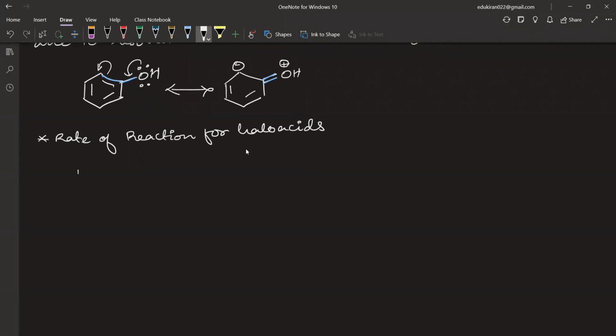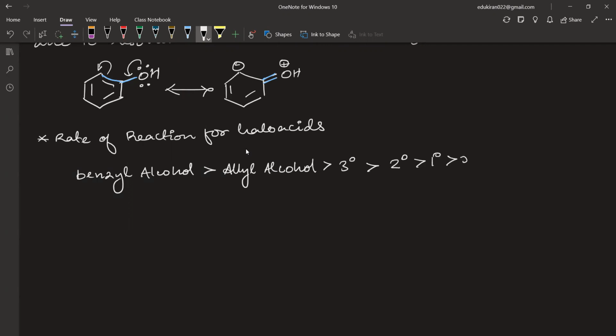So the fastest reaction will be shown by benzyl alcohol, followed by allyl alcohol, followed by 3-degree alcohols, 2-degree alcohols, 1-degree alcohol, and at last methyl alcohol. Or you can say methanol. That is CH3OH. Okay, so the reason is the stability of carbocation.